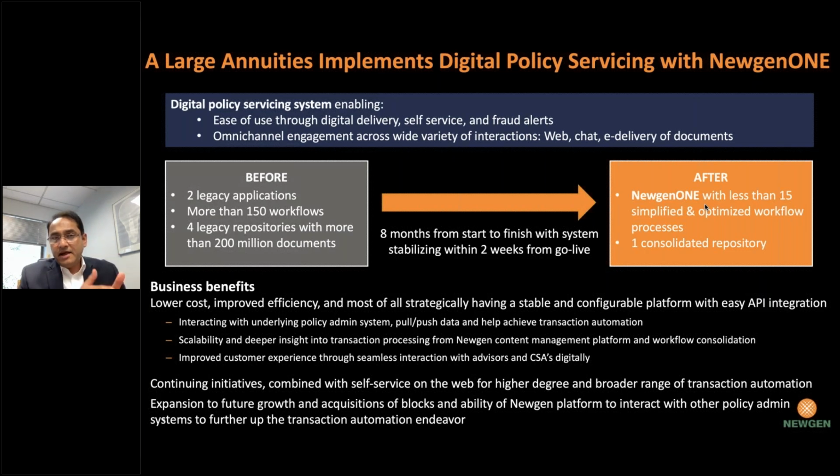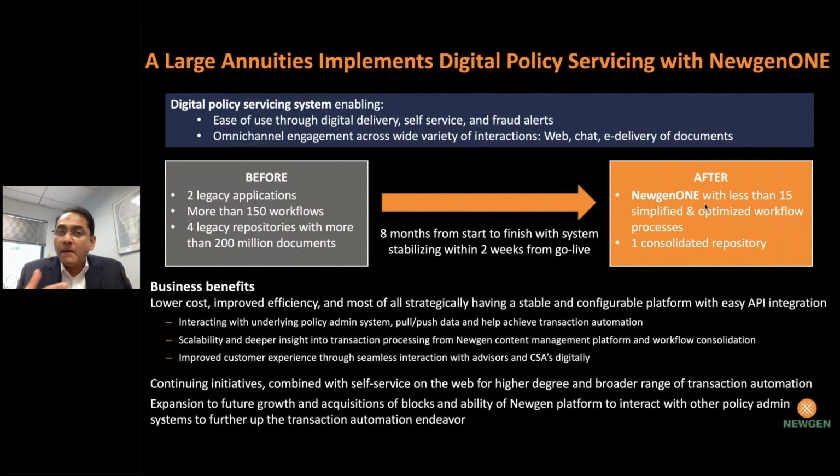From there, we transformed this entire process into digital within flat 8 months, with all those legacy repositories transformed and migrated into one consolidated repository. In fact, the migration was done within 4 months itself. The 150 workflows, we looked at it, we worked with business and operations, and we found ways to simplify it.